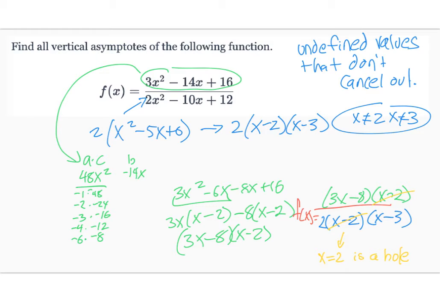For this particular problem, we're looking for vertical asymptotes. The only factor left in the bottom is x minus 3. That means our undefined term, x cannot equal 3, is our vertical asymptote. So x equals 3 is a vertical asymptote that I'm going to abbreviate VA.